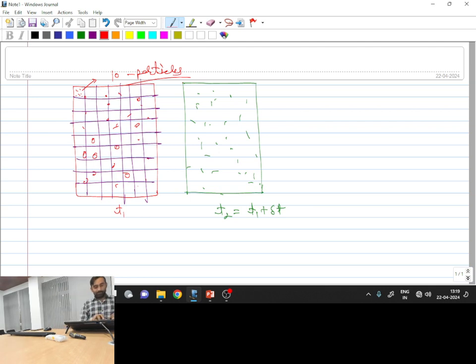Now the new frame is also divided into the same number of subregions.